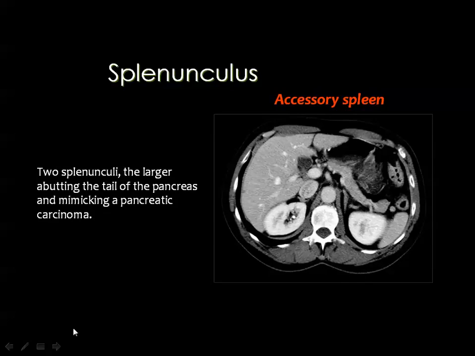As you can see here, there are two splenules, this one and this one, which is intimately related to the pancreatic tail, and sometimes this splenule may be mistaken for a pancreatic carcinoma.